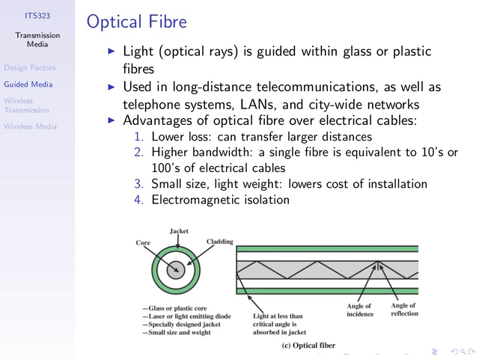So they're used in long distance communications where we need to transmit a large bandwidth or a lot of data, say between one city and another, because we need a cable to transmit the data from all the users in one city to all the users in the other city.